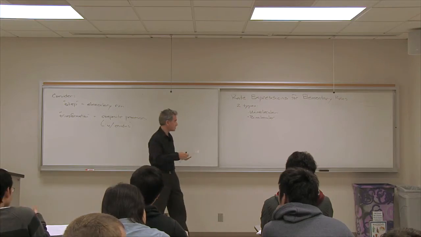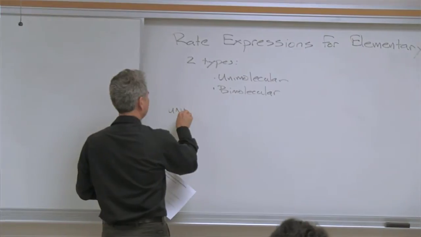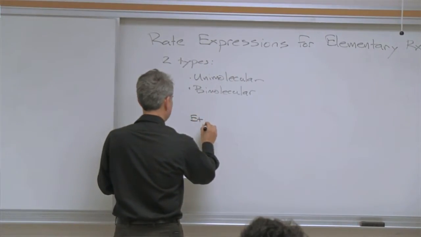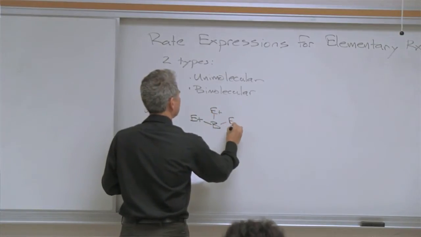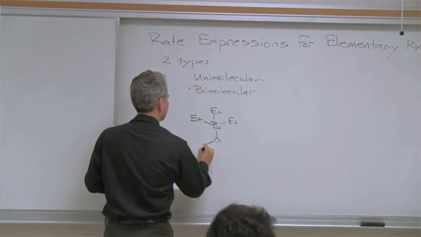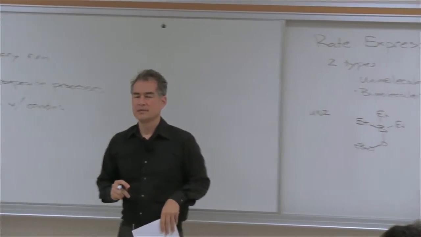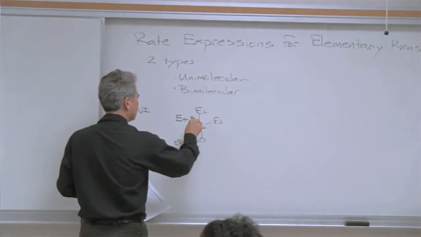So let's take some examples. Let's take an example of a unimolecular process. I'll write uni here. And I'll extract a couple of the steps from that mechanism that I drew. So one of the steps that I drew in that mechanism had this migration. I've got this weak bond here, oxygen-oxygen bond. I've got this borate. Really, this would be a boronate.